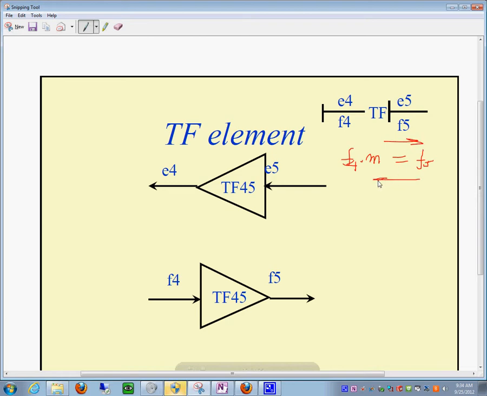Going this way, we have the input would be E sub 5. So that would be E sub 5. This multiplied by M should be equal to this side in here, which is F sub 4, right? This is on the left hand side is, no, excuse me, this is E sub 4.